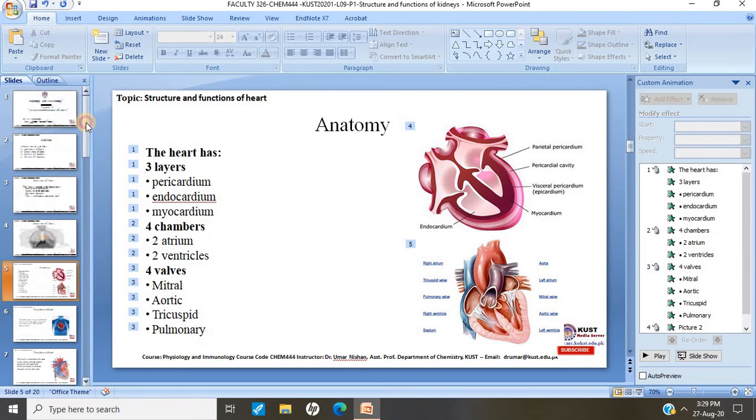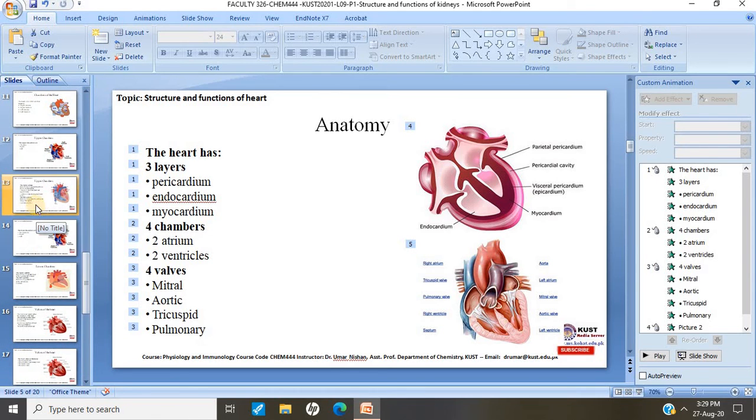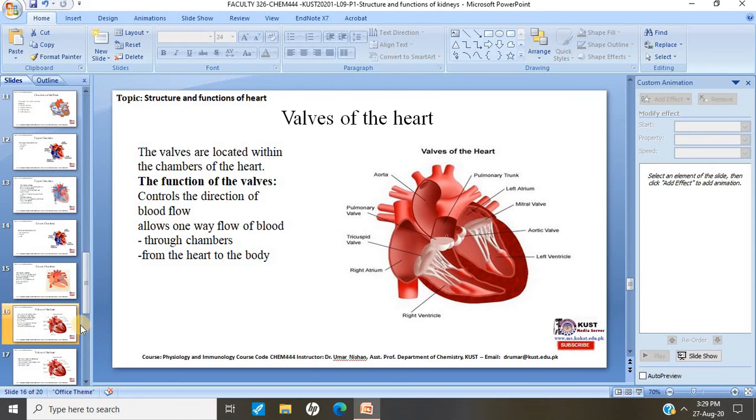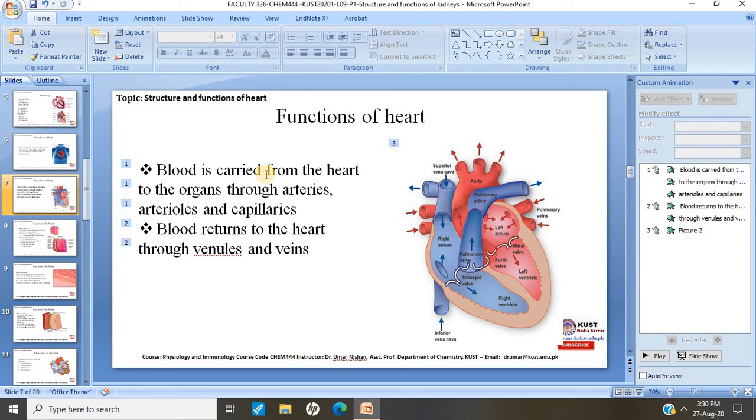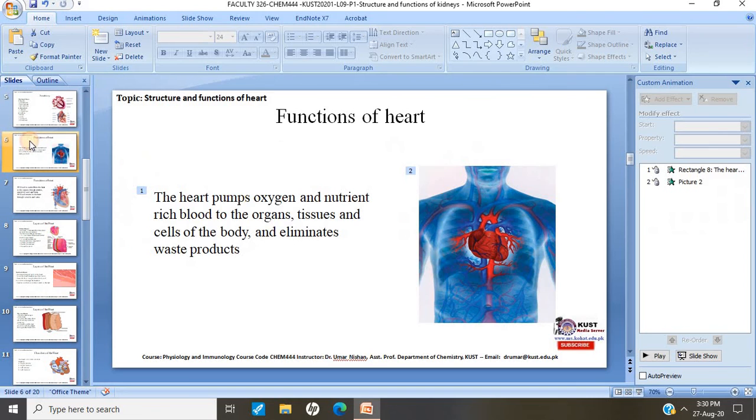If you go back to the functions of the heart, the heart pumps oxygen and nutrient-rich blood to the organs, tissues and cells of the body, and eliminates waste products. So this is where the role of the heart becomes so important, and the role of the different valves of the heart is so important.